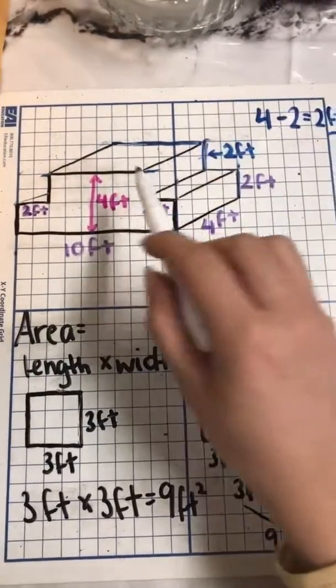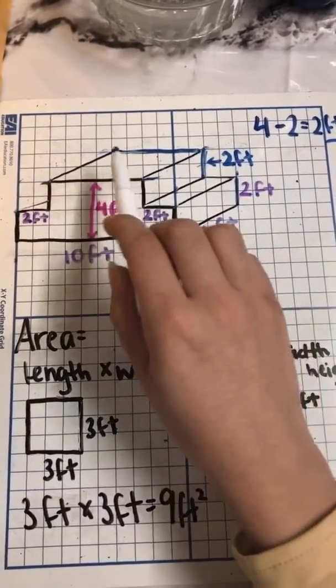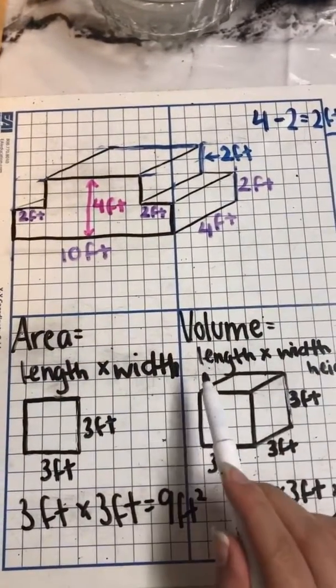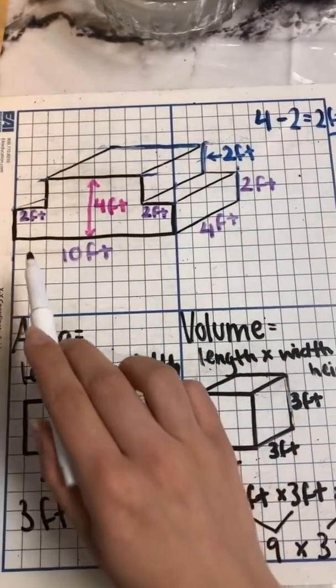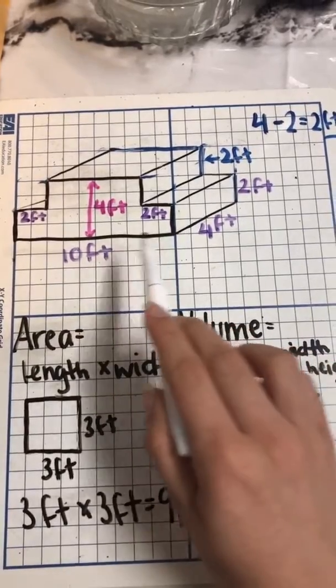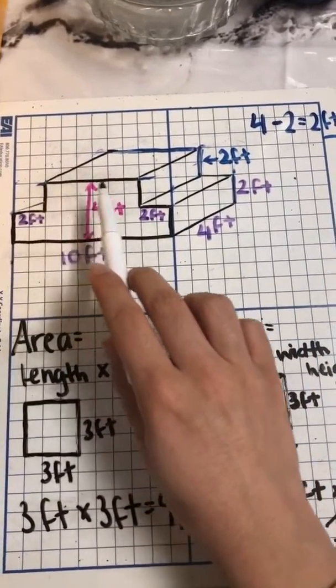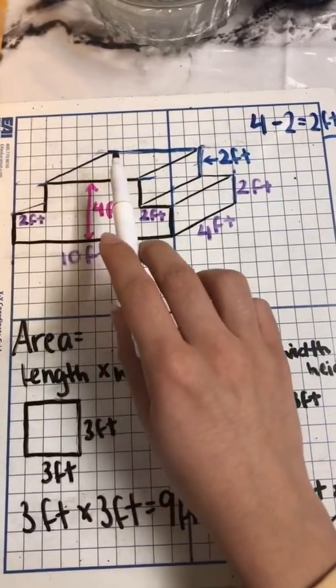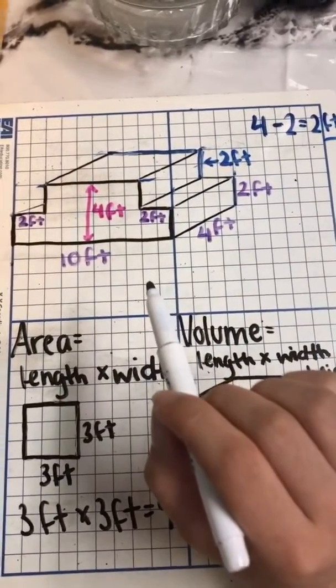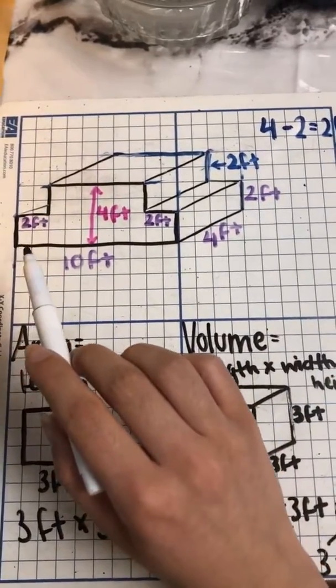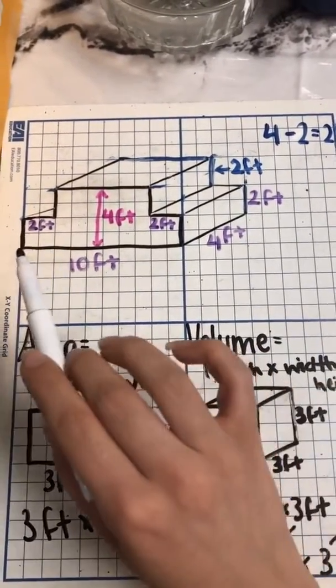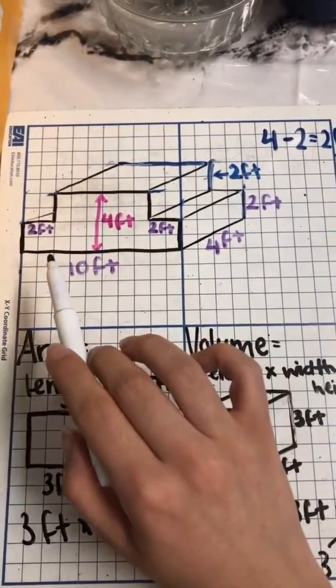Now, let's solve for the top half figure's length. We know that the very front and bottom is 10 feet. Now we're looking for this part. Remember, this is the same as the one all the way over here. Let's also look for other lengths along this part of the figure.